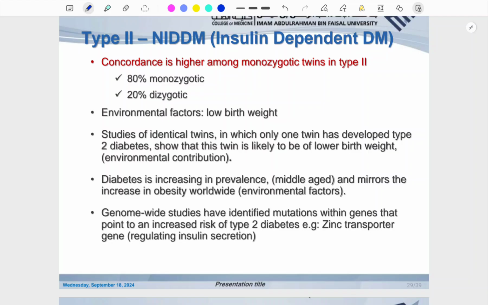So all these children who are born with a low birth weight are at a higher risk of developing type 2 diabetes, they have more of the gene. Studies of identical twins in which one twin had developed type 2 diabetes show that this twin is likely to be of lower birth weight.